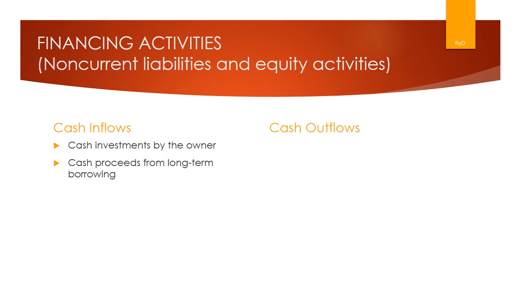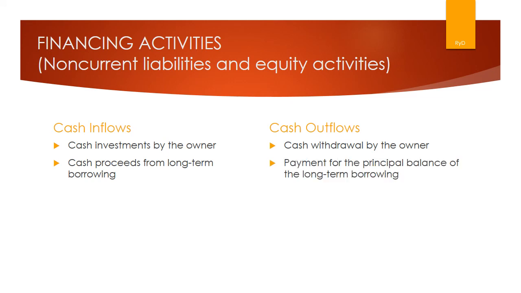And then we also have our cash outflows. So this is a cash withdrawal by the owner, and then also payment for the principal balance of the long-term borrowing. So, ang principal nga amount ha, for example, nag-loan si owner og 5 million from Metro Bank, payable in 5 years.